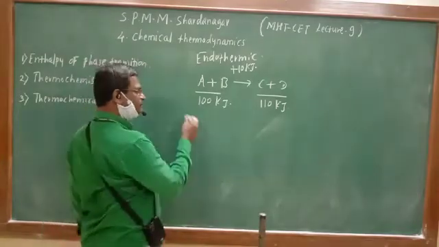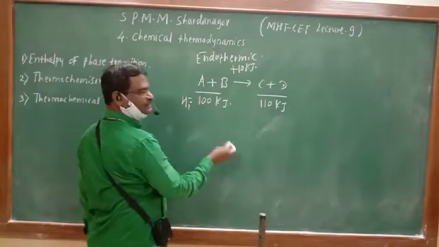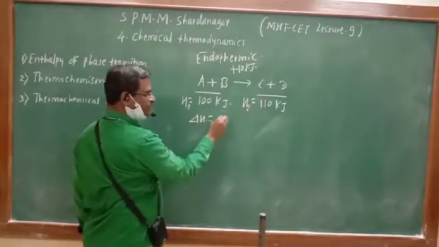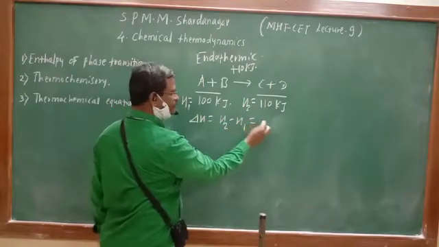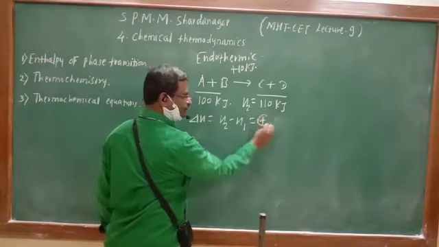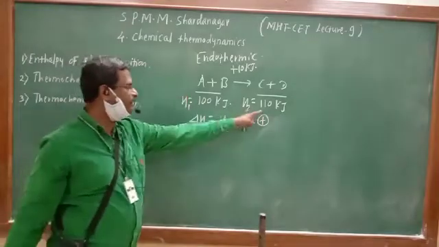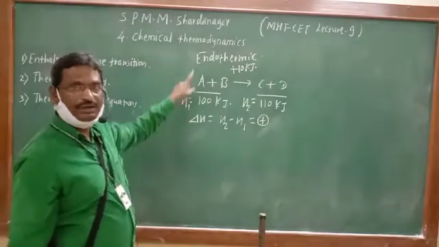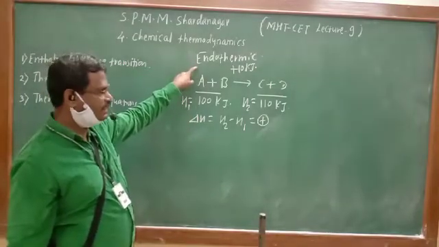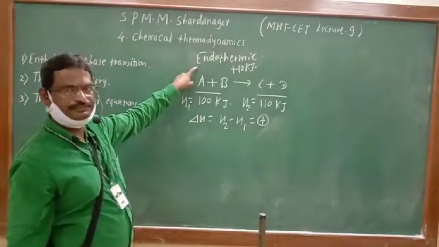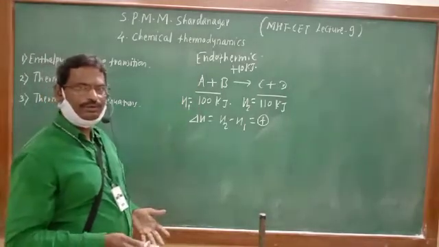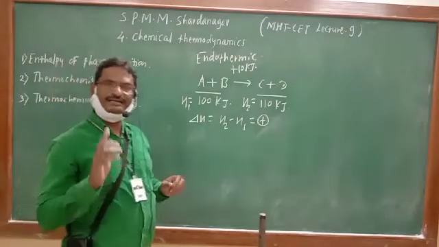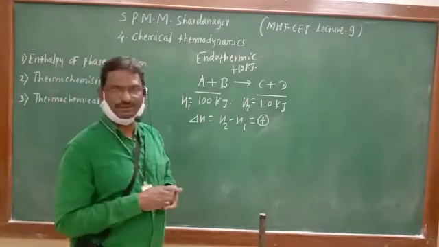For this reaction, this is H1, the initial state value, and this is H2, the final state value. Delta H is nothing but H2 minus H1, so it is always positive. 110 minus 100, delta H is always positive for an endothermic chemical reaction. And we know energy and stability are inversely proportional to each other.